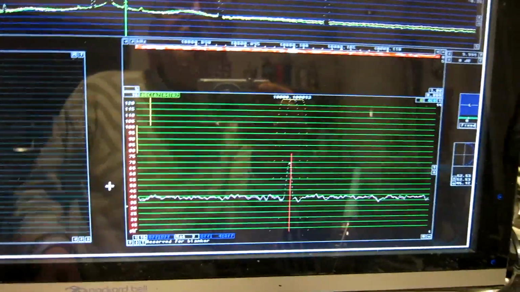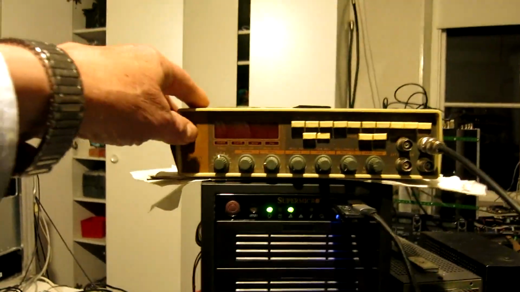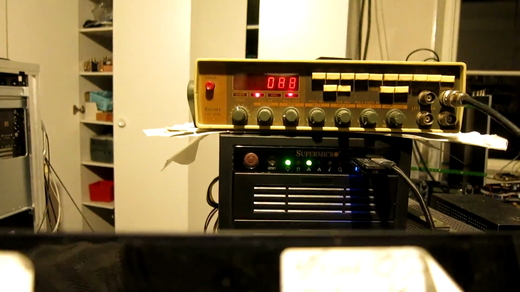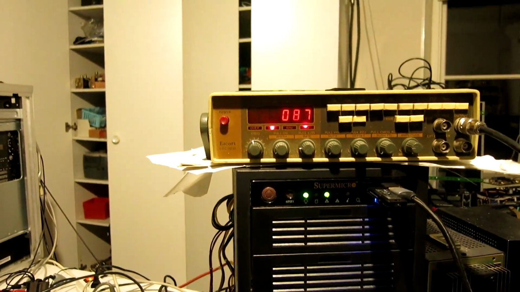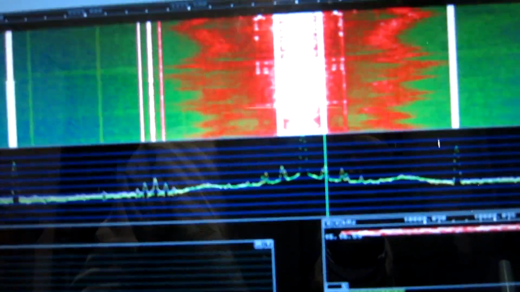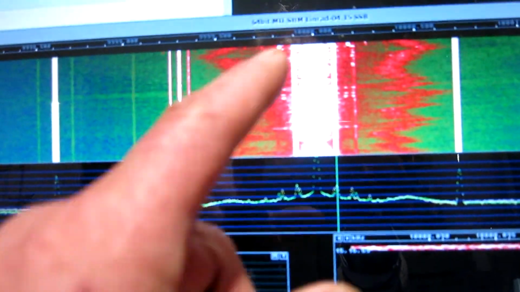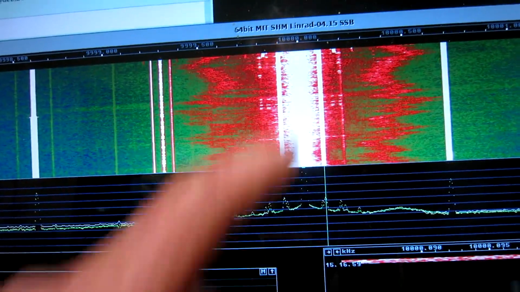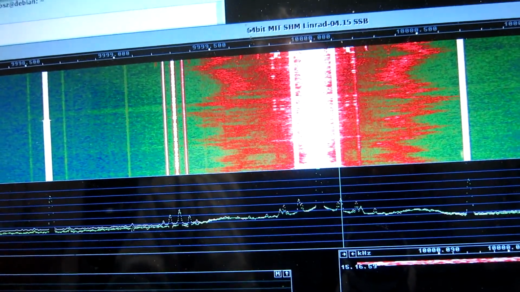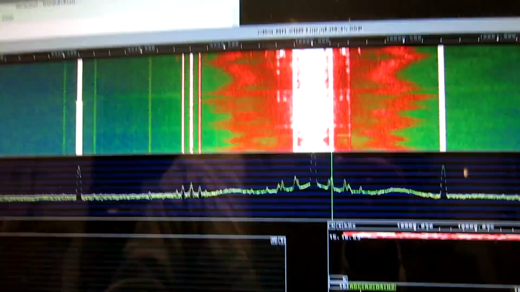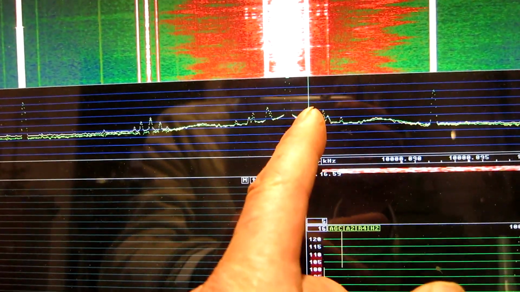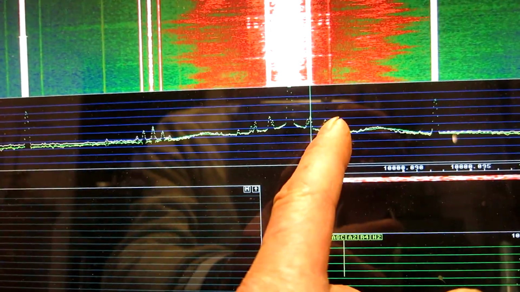To verify that, I have a signal generator here and I switch it on, and the frequency is 87 Hertz. And you can see I suddenly get new spurs. And at twice that frequency, but also at 87 Hertz, but twice the frequency is higher.